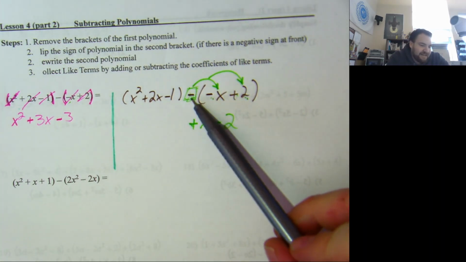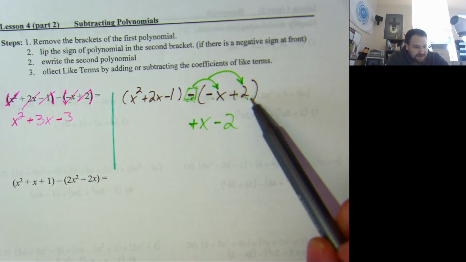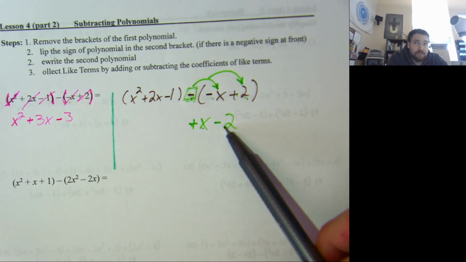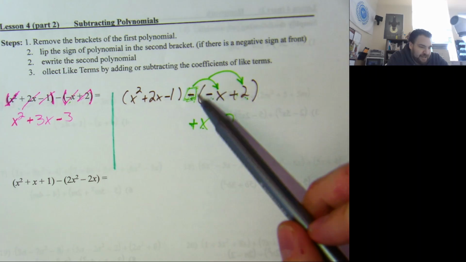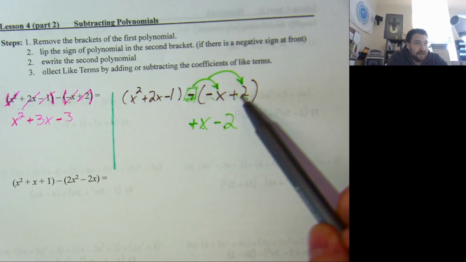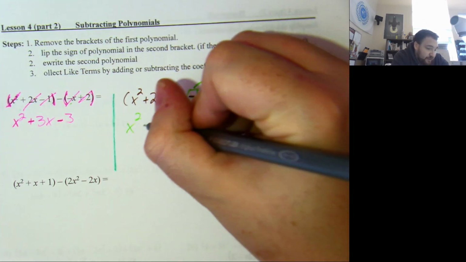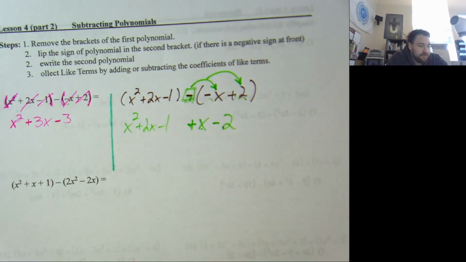So minus (-x plus 2) becomes adding x and subtracting 2. I bring this guy in onto each term and I flip the signs. Then this first piece doesn't change. It's x squared plus 2x minus 1. And now we treat it just like we did the adding stuff. We gather our like terms.